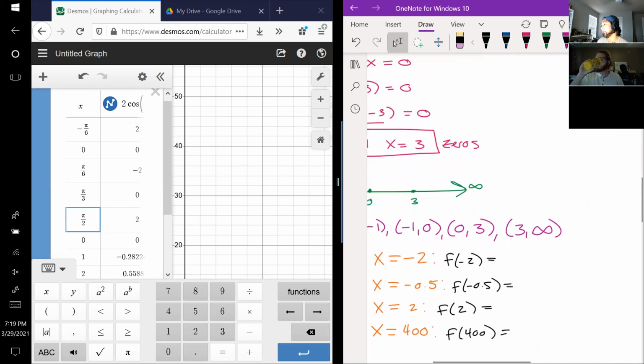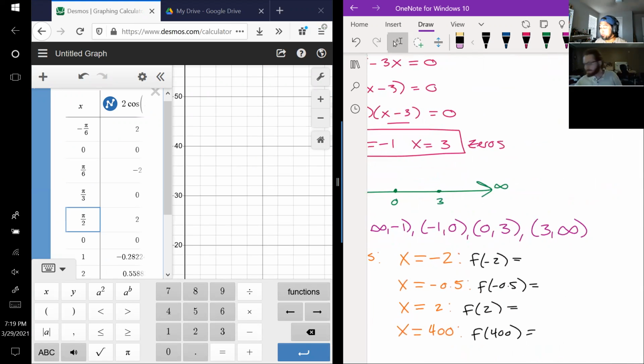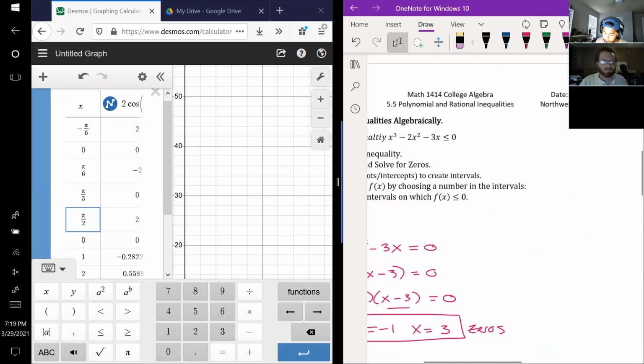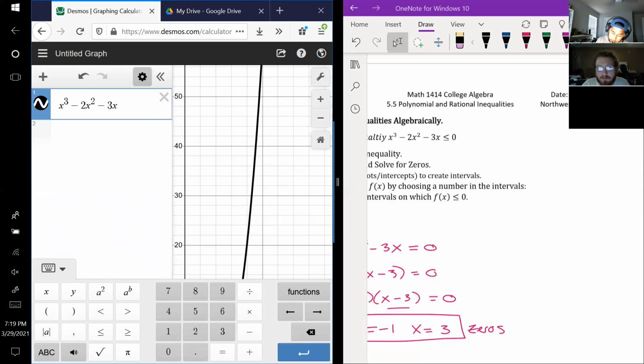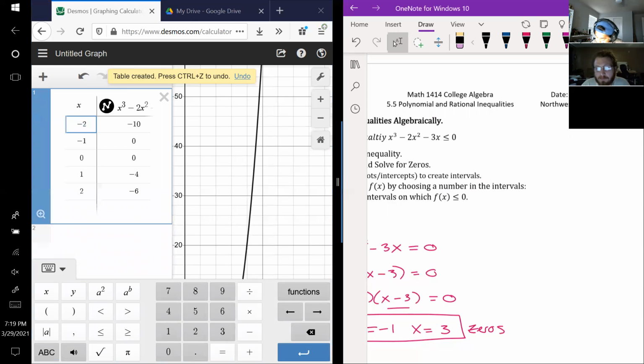I'm showing things to make their life easy when plugging numbers in. Let me get this original function: x cubed minus 2x squared minus 3x. Table, bam, come back here.